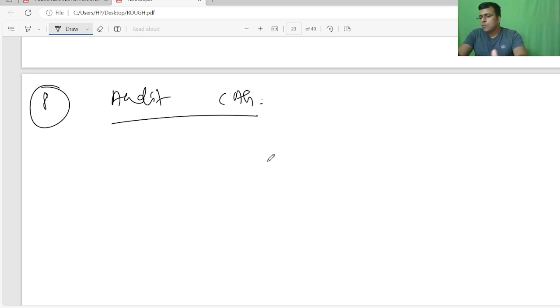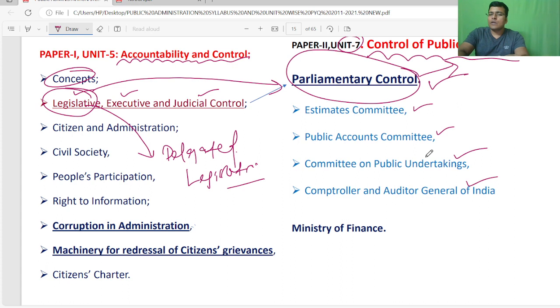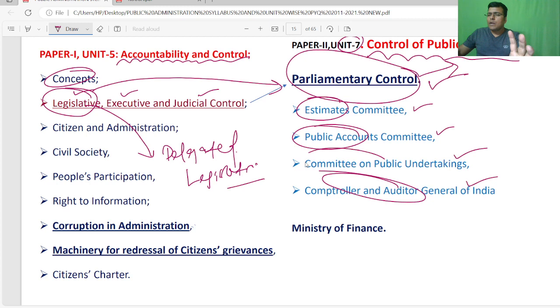President tables it before Parliament, and in Parliament there are three committees: Public Accounts Committee, Estimates Committee, and Committee on Public Undertakings. So in Parliament, they read and analyze an audit report, and on the basis of the audit report they make the administration, the executive, accountable.